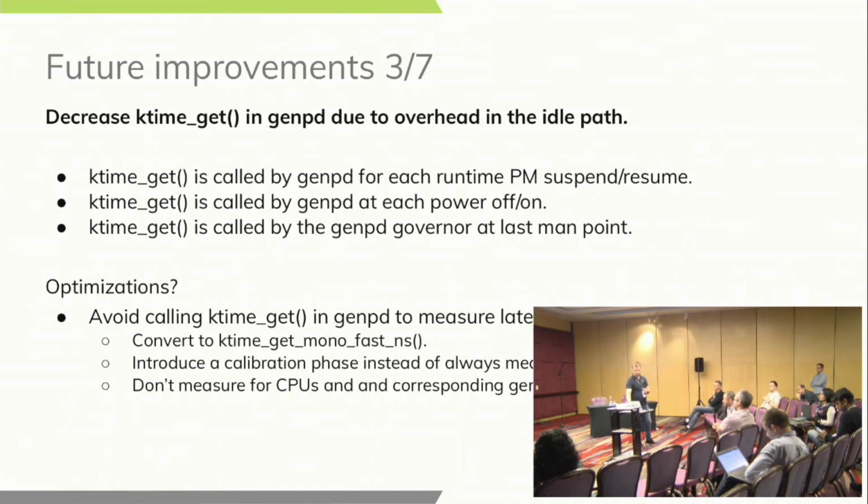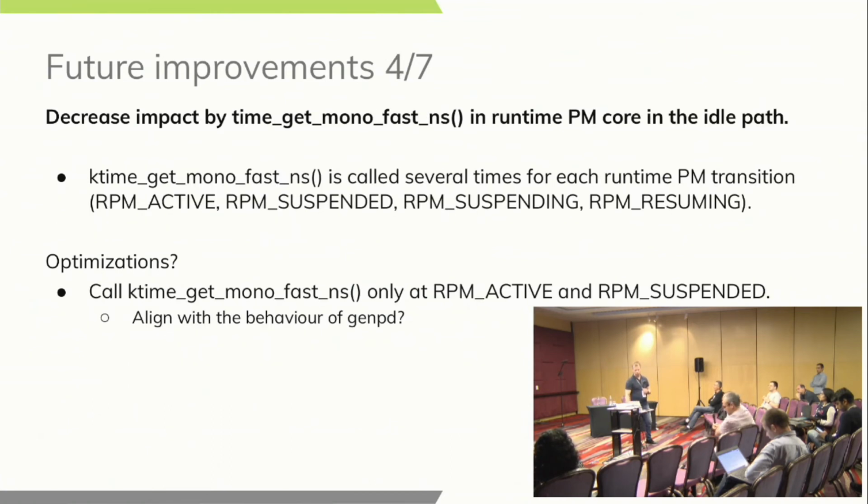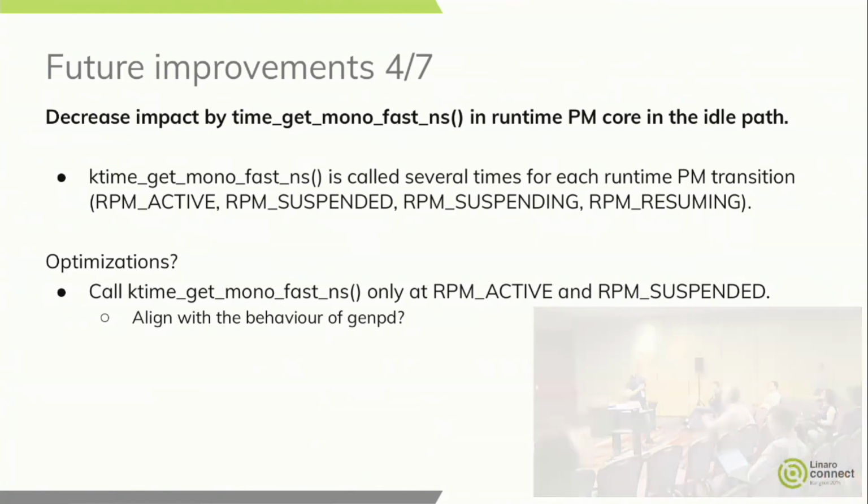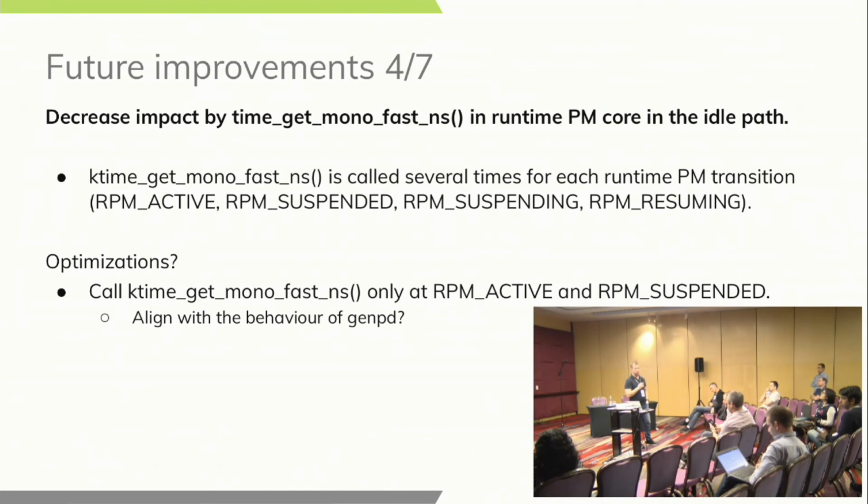There are even more K-time gets being called, and that's because we're using runtime PM now for CPU devices. That means that inside the idle path, we are doing a PM runtime get sync and PM runtime put sync when we wake up.